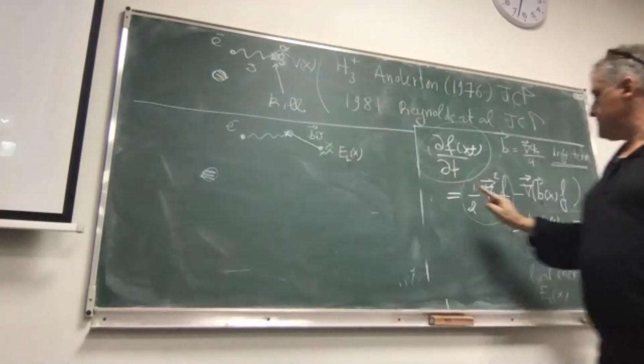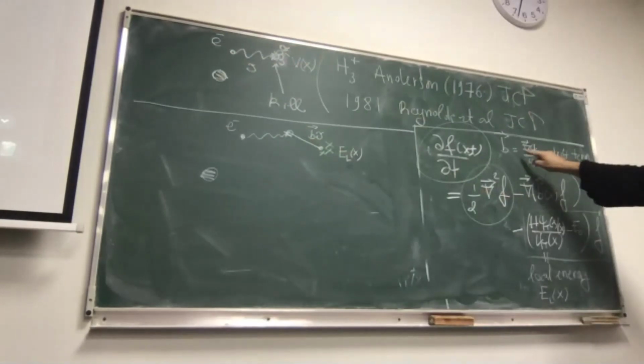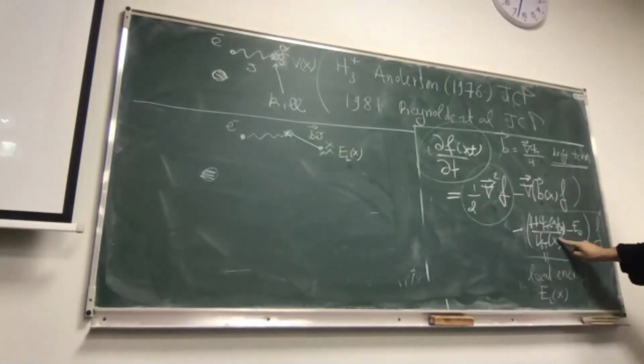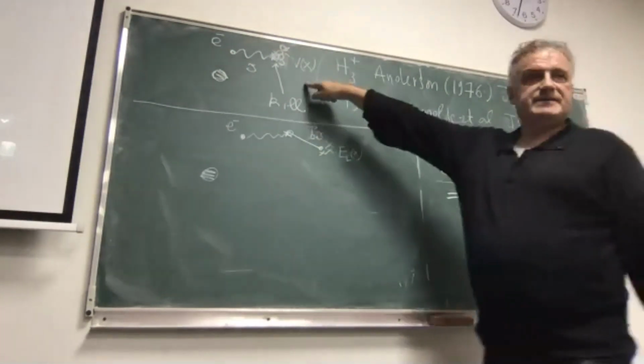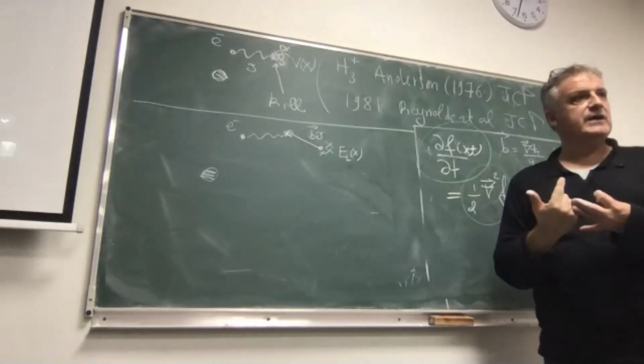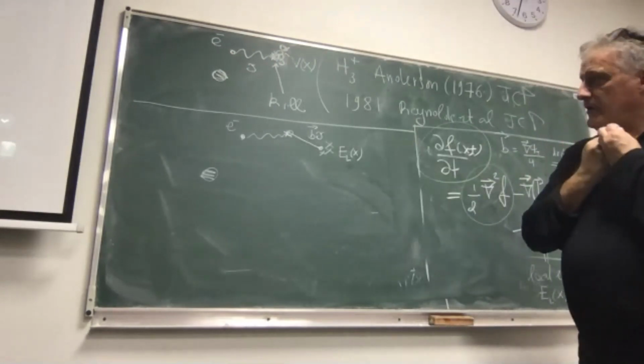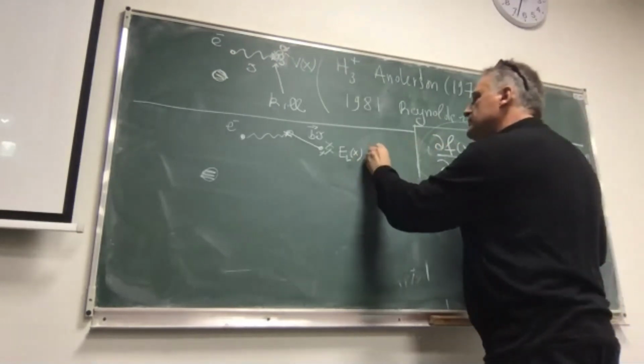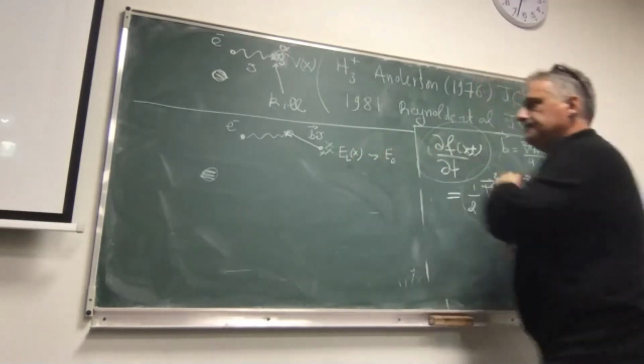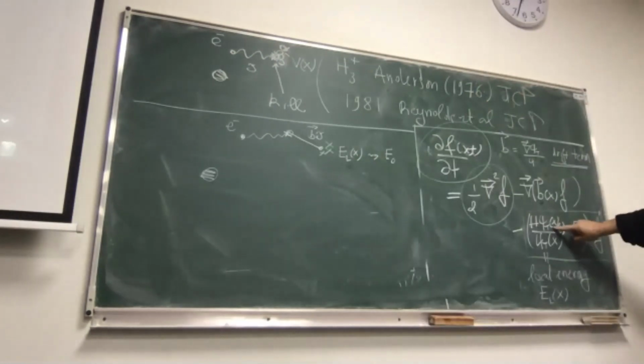Of course, if you take psi t equal to 1, the drift is 0. The local energy becomes the bare potential V, so you recover that. If you take a psi t close to the exact phi 0, what will happen? E_L will go to E0, the exact energy. Here, we call that the local energy, because if psi t is chosen to be phi 0, it goes to the exact energy.